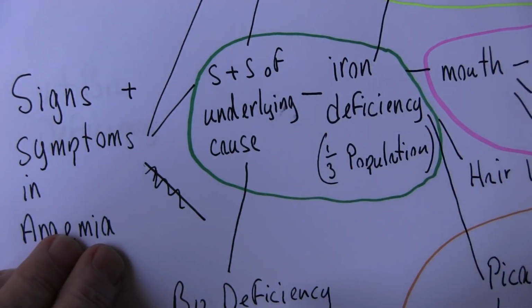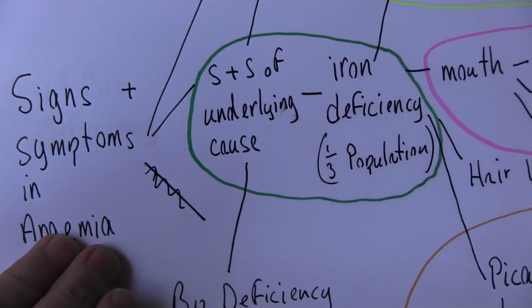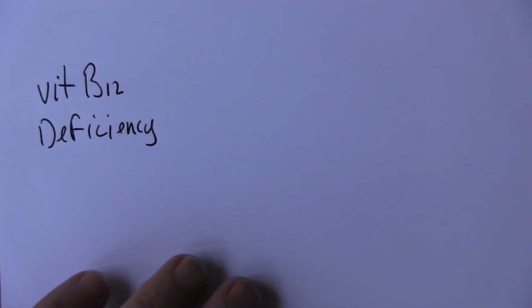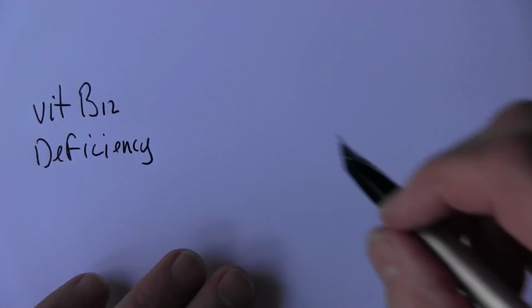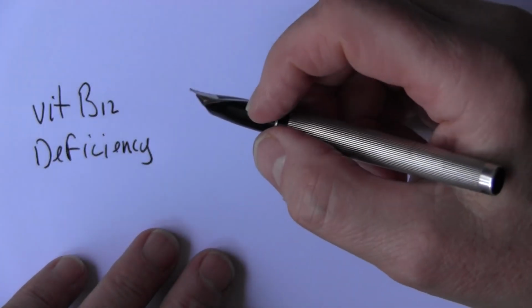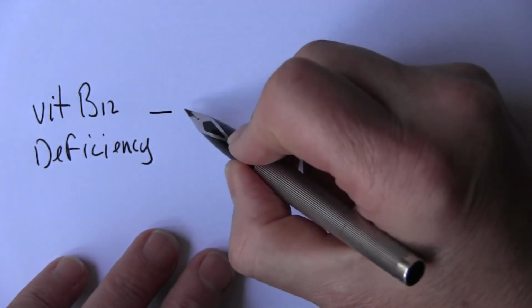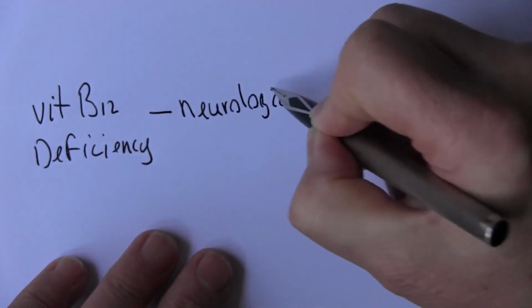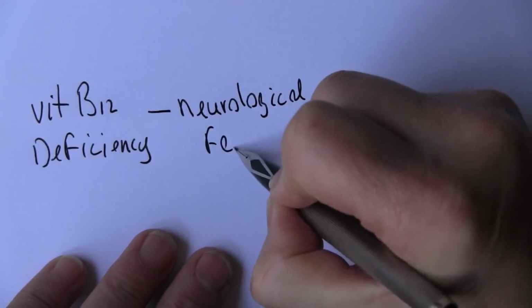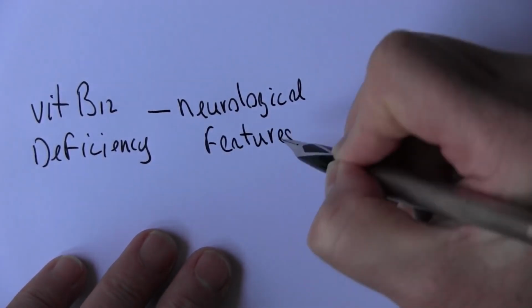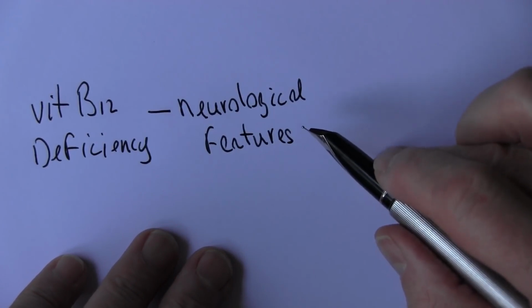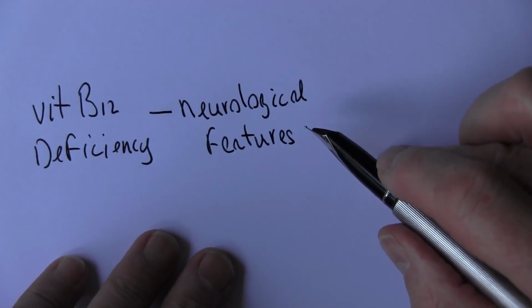And the B12 deficiency is an underlying cause of the anemia. So as well as the anemia, what might we see? Well, in vitamin B12 deficiency, we often get neurological features. Because B12 is essential for the health and well-being of the nervous system.